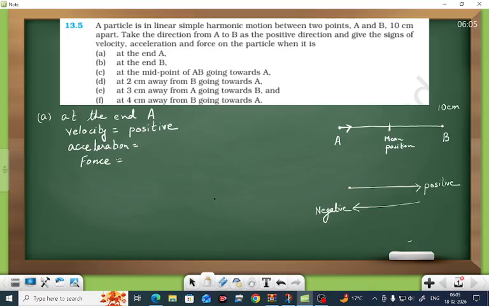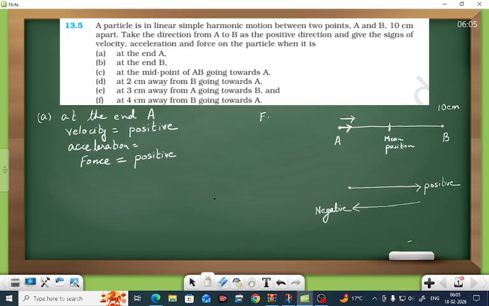And now take force. When the body is at the extreme position, the force tries to move the object towards the mean position. So the force will be in this direction also. So the force is also positive. And we know that F equals m into a.